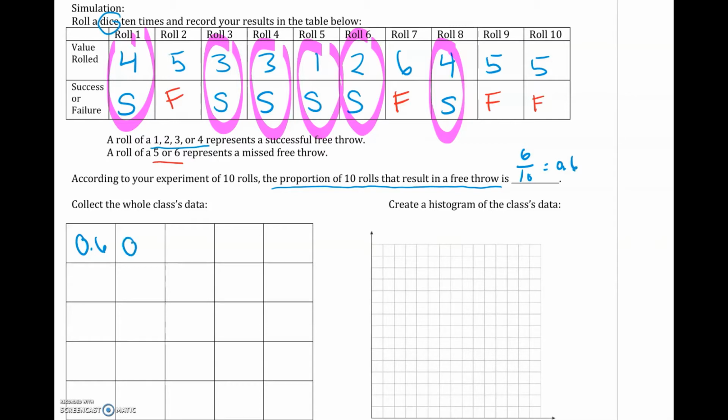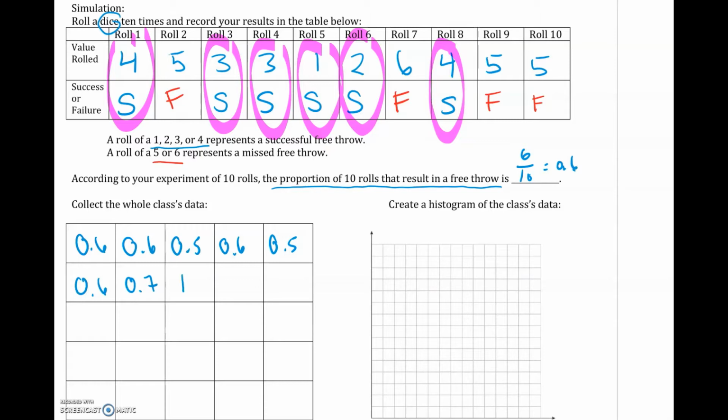The second student also got a 0.6. Then the next one got a 0.5, which means 5 out of their 10 were 1 through 4. All right. The fourth kid got 0.6. Then we have a 0.5. Then a 0.6 and a 0.7. That means 7 out of 10 were 1 through 4.